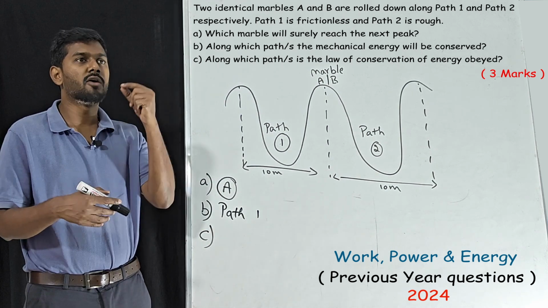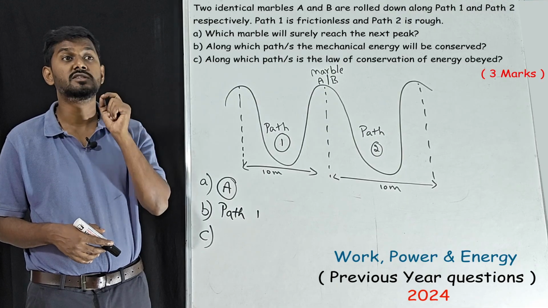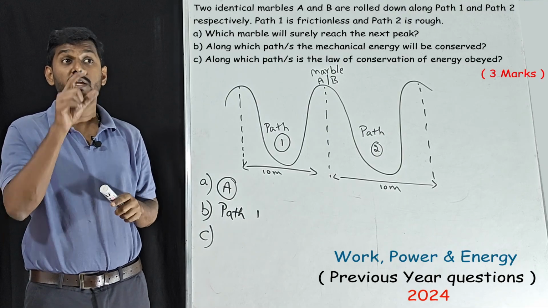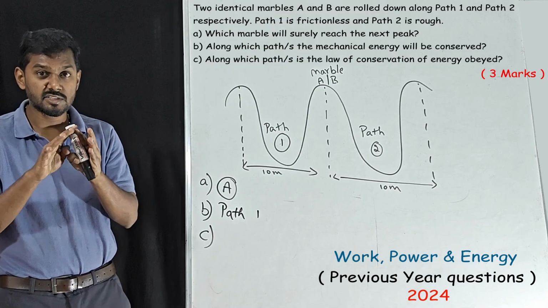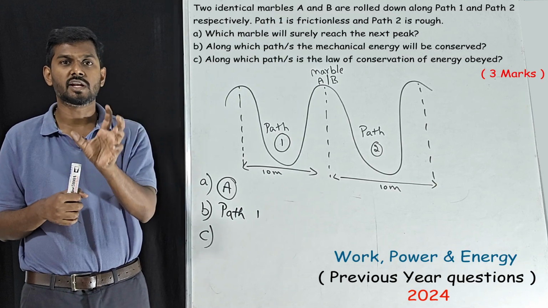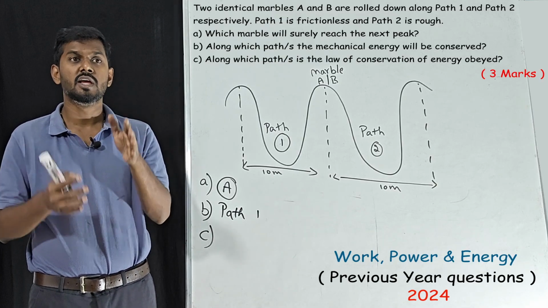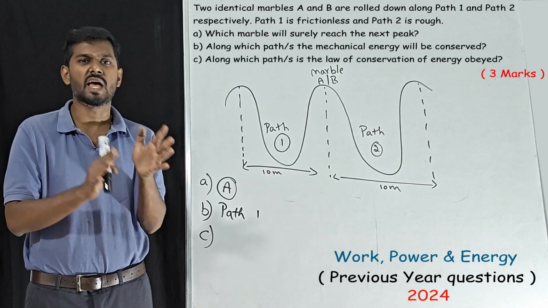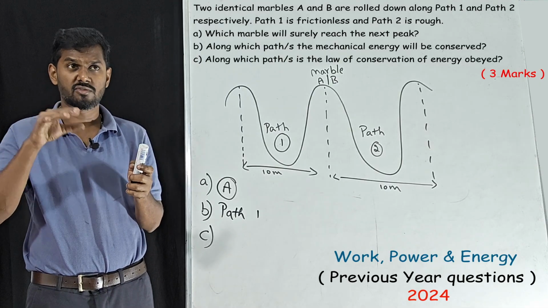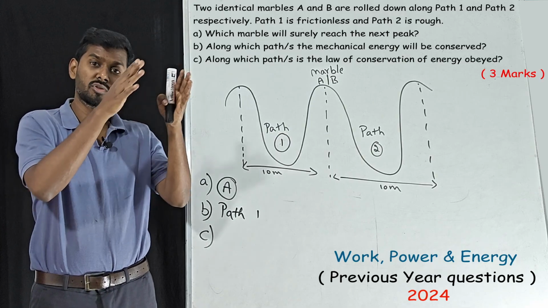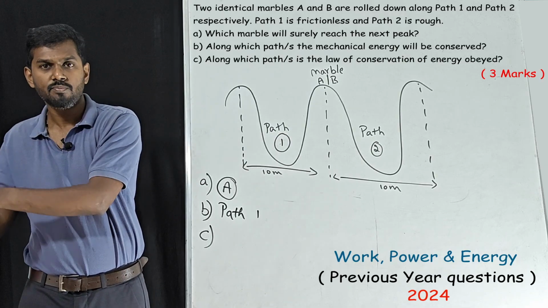Then, along which path or paths is the law of conservation of energy obeyed? Here they are not talking about mechanical energy, it is conservation of energy. That means general energy, so it obeys in both frictionless as well as rough medium.